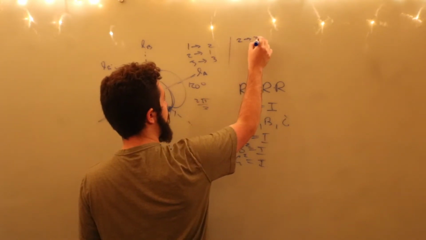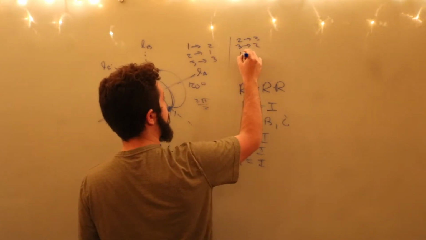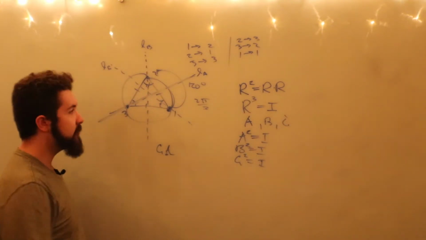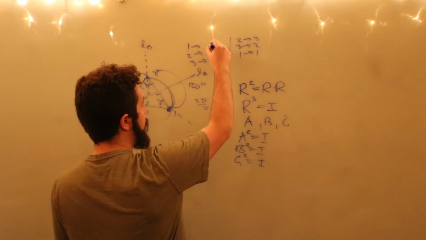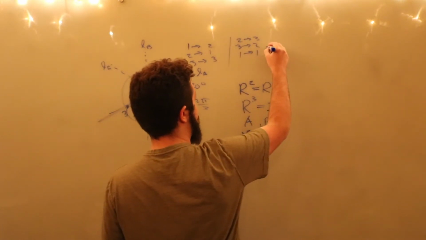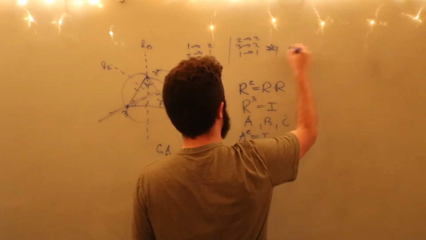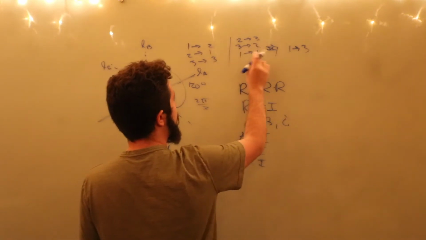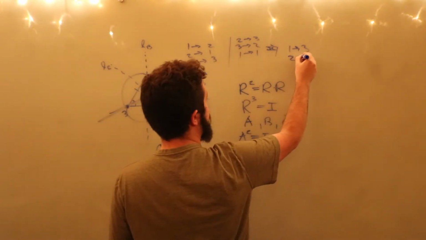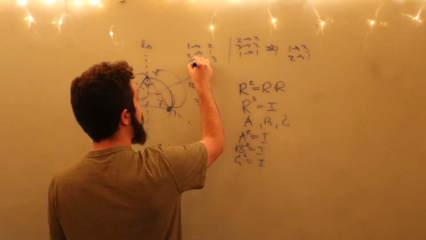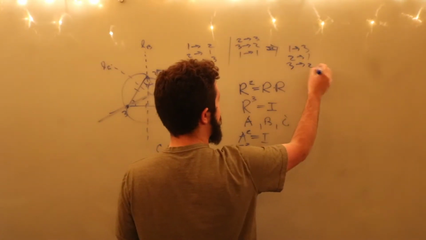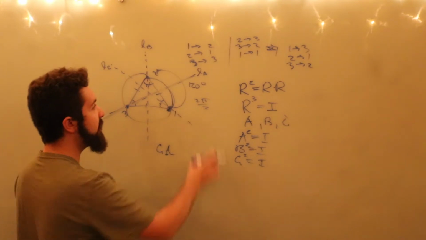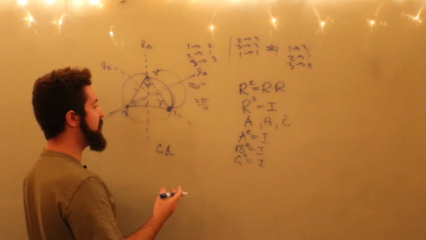So 2 to 3, 3 to 2, and then it's going to keep 1 the same. So if you follow these back to back, you get 1 goes to 2, 2 goes to 3, so that 1 goes to 3, 2 goes to 1, 1 goes to 1, so 2 goes to 1, and 3 goes to 3, and then 3 goes to 2, so that 3 goes to 2 in the end, right? This is the composition, if you will, of the 2 actions.